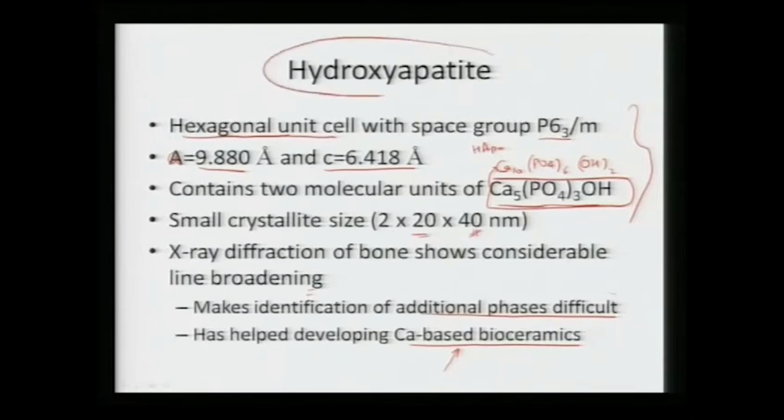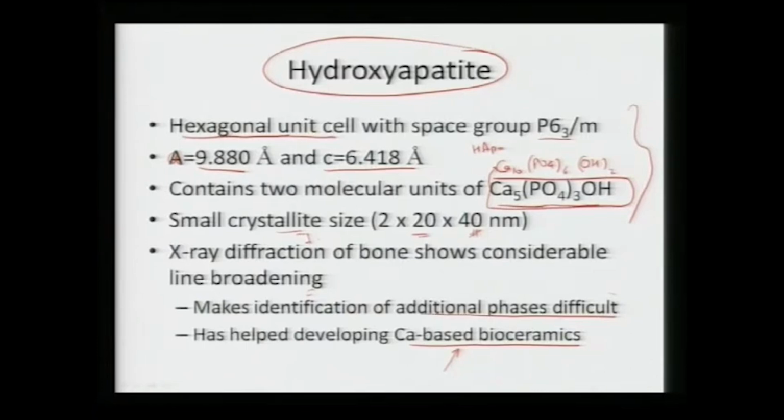So we can see hydroxyapatite, the overall crystal structure is hexagonal type, P63/m. It has a smaller lattice parameter a of 9.880 and c, the longer axis, of 6.418 angstrom. It contains two molecular units of Ca5(PO4)3OH, and again because of the small crystallites, generally we observe a very broadening of the X-ray diffraction, and the peak height is very small.